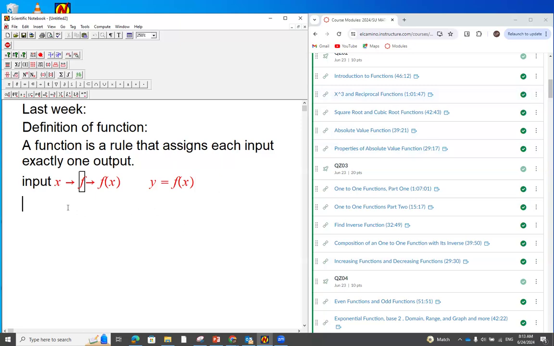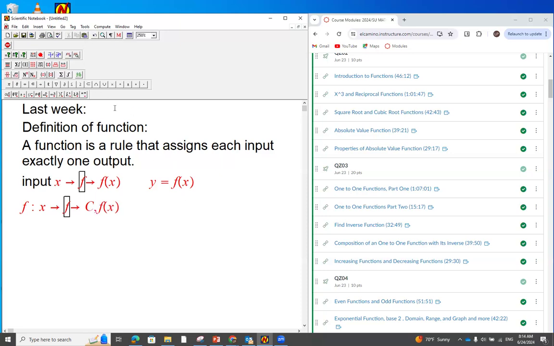Okay, so what are the rules we have learned? The functions we have learned, right? Last week, when input is any number, the output is a constant, right? That rule. What is that rule?